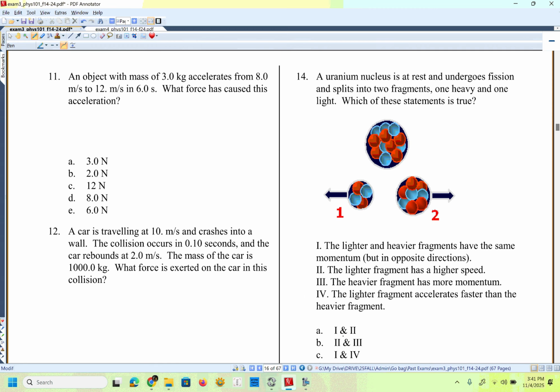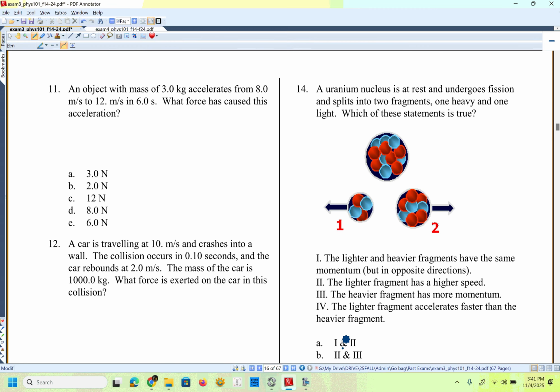Okay? And then this one, I want to know what is the force. I have a mass equal to 3 kilograms. I have a change in velocity equal to 12 minus 8. That's equal to 4 meters per second. I just did the final minus the initial velocity to get that. And I know that the time is equal to 6 seconds.